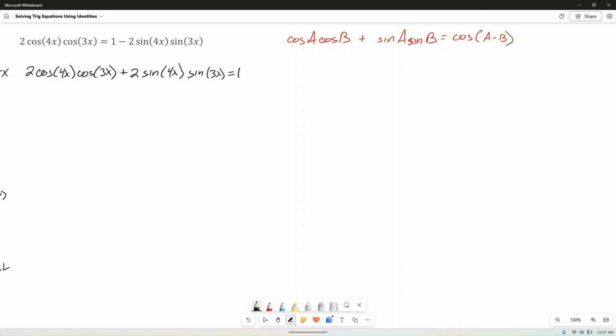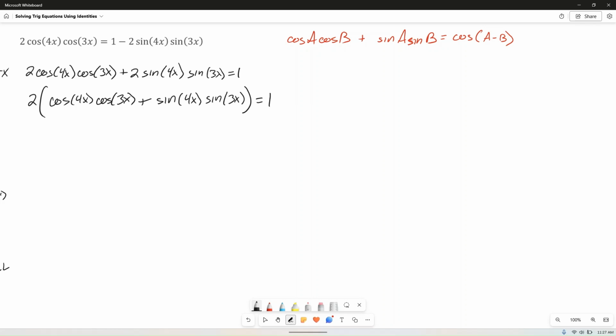Now, as we look at this equation, it doesn't perfectly match the identity just yet, and that's because we have the 2's in front of the cosine term and in front of the sine term. But they're both 2's, which means we can factor a 2 out. So we're going to have 2 times the quantity cosine of 4x cosine of 3x plus the sine of 4x and the sine of 3x, and that whole expression is equal to 1.